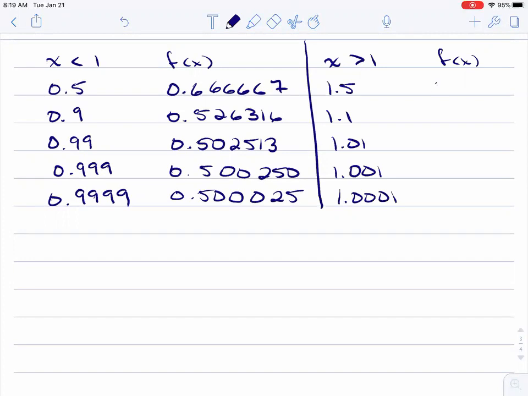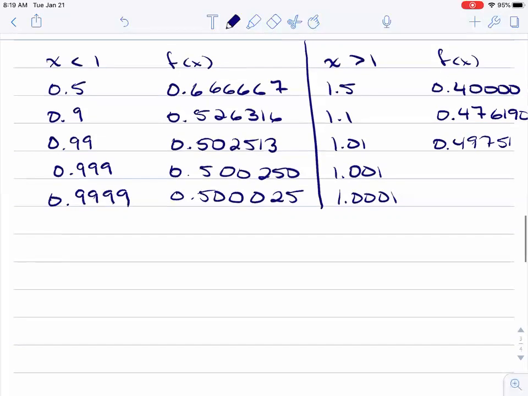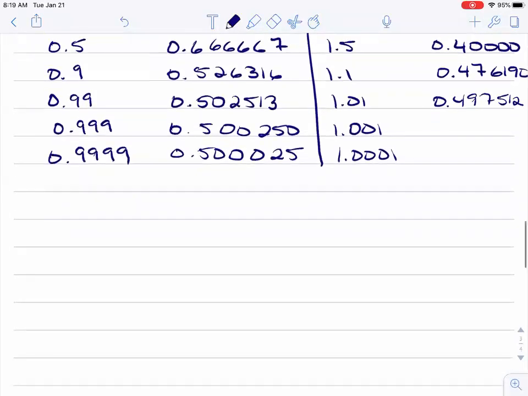And so we're going to have 0.400000, 0.476190, 0.497512. And so these are all going to be on the 0.49 side. Then 0.499750, 0.499975.